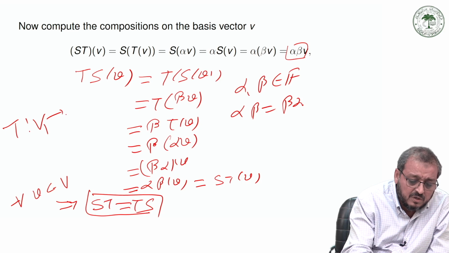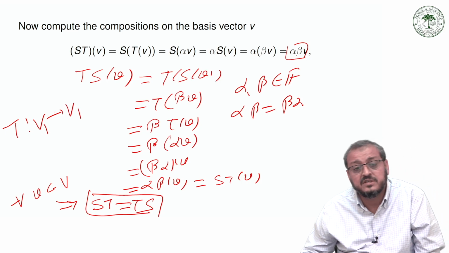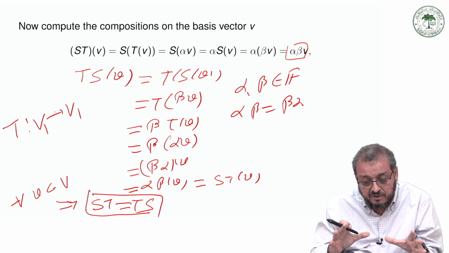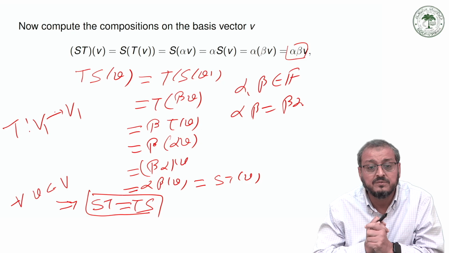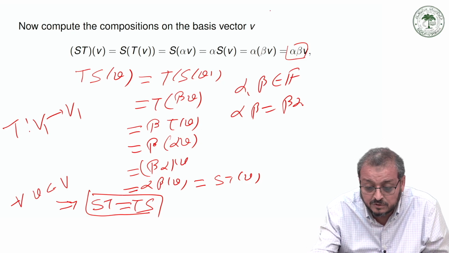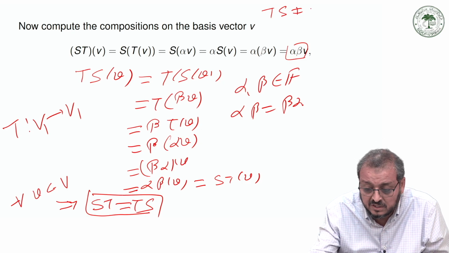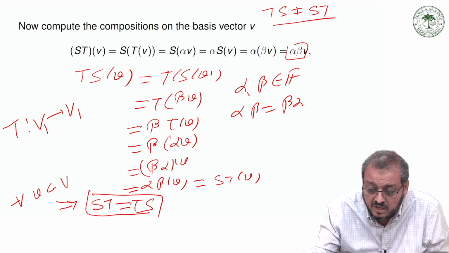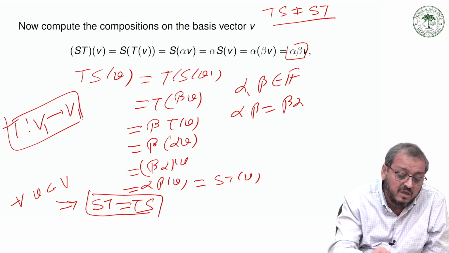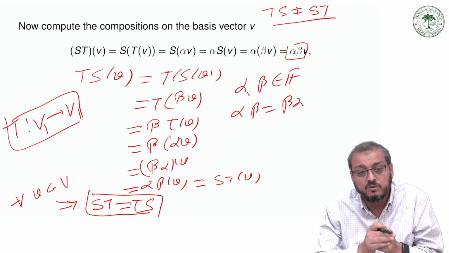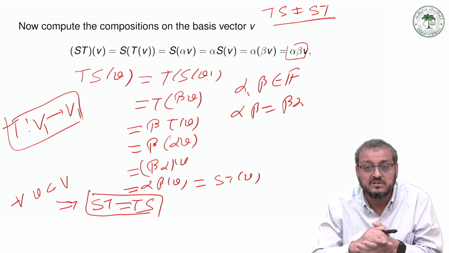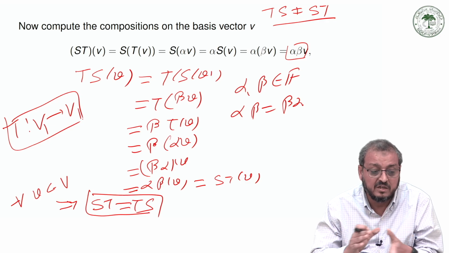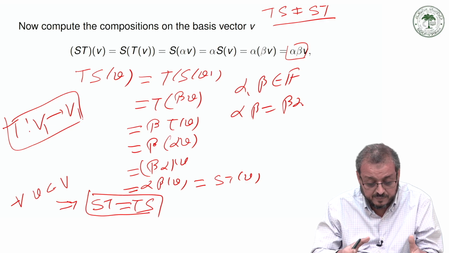This property we can show if we have T from V to V, where the dimension of this vector space is equal to 1. In general we showed that the composition of two maps, TS, is not equal to ST. But if we take a one dimensional vector space V, and T and S are two linear maps, then ST is the same as TS.